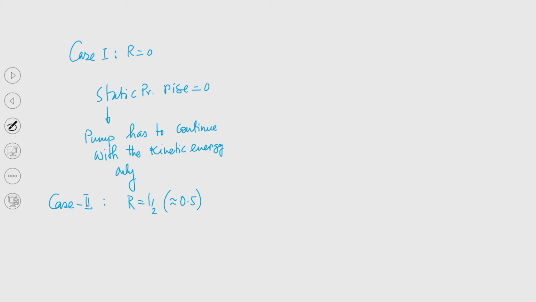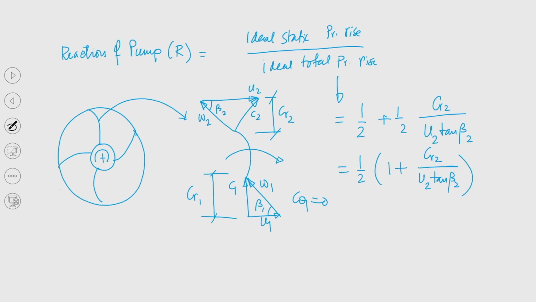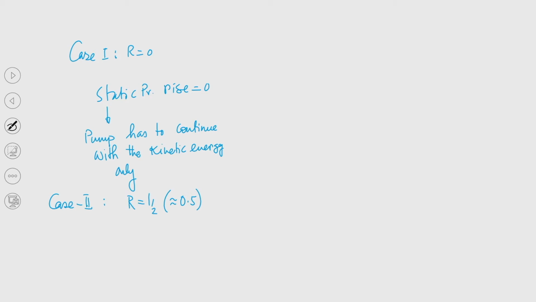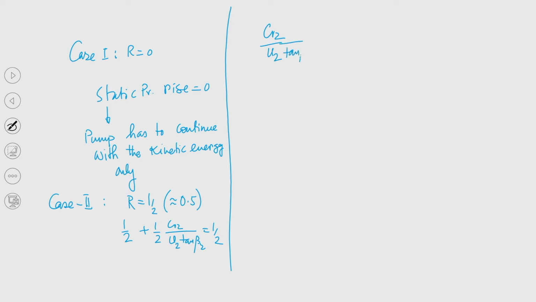If we plug into the previous expression of R and make the right hand side equal to half, we get half plus half Cr2 by U2 tan beta 2 equal to half, and we can write Cr2 by U2 tan beta 2 equal to 2.